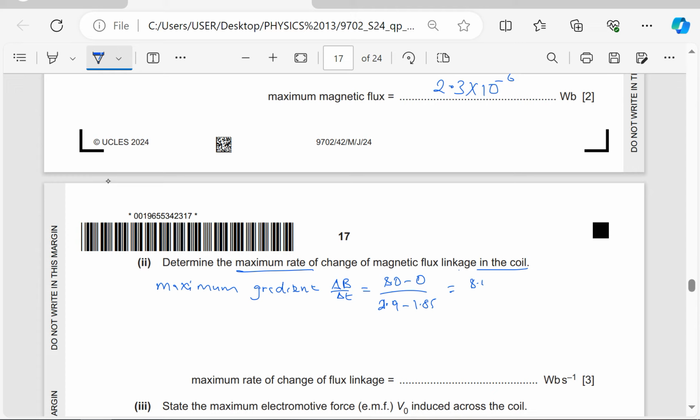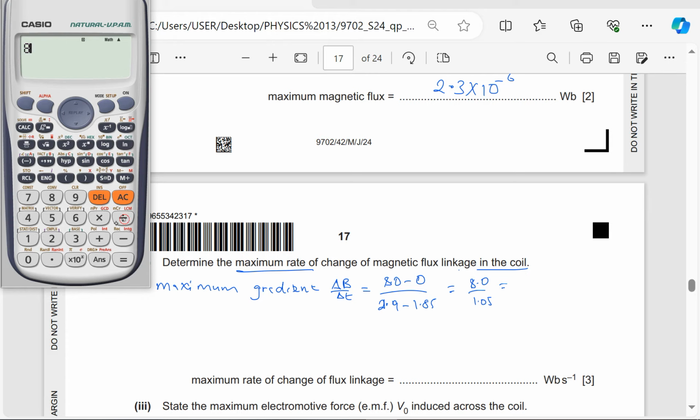Or it is 8.0 divided by 1.05. 8 divided by 1.05 is approximately 7.6. Approximately 7.6.